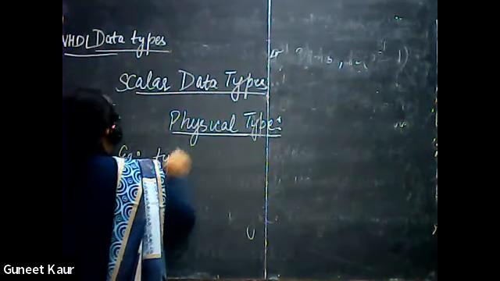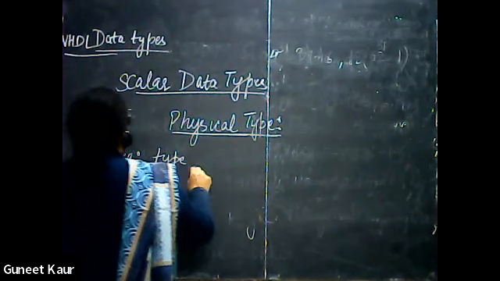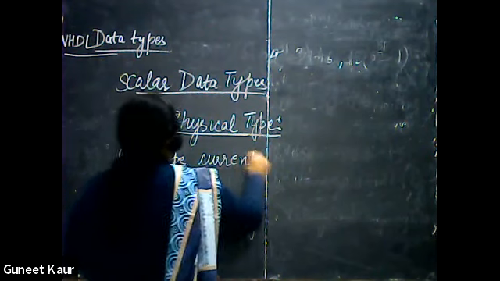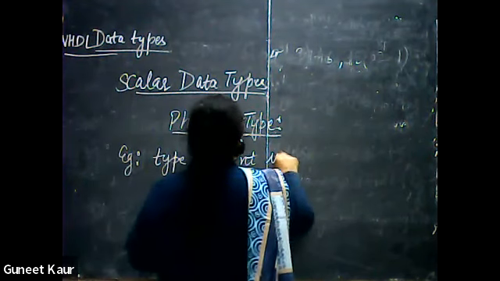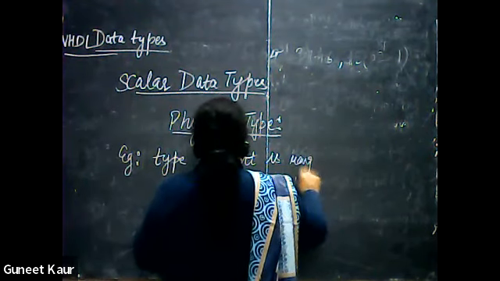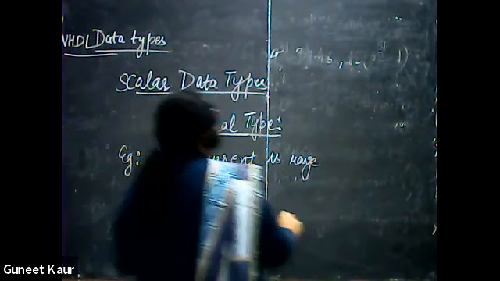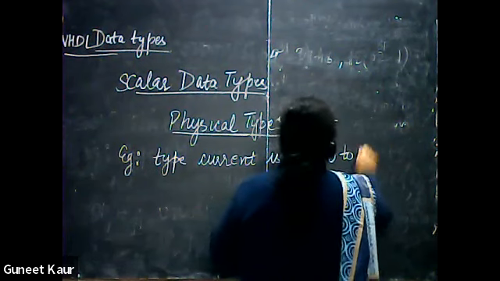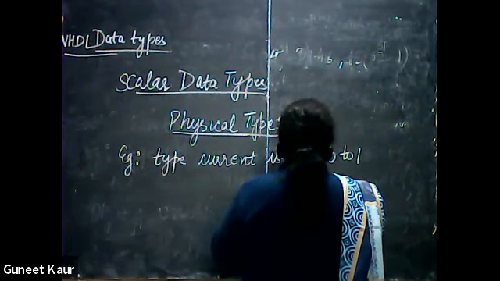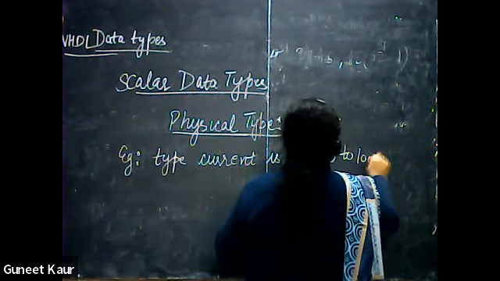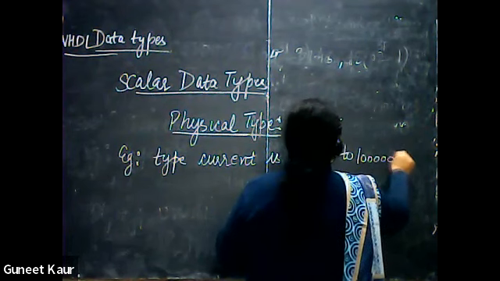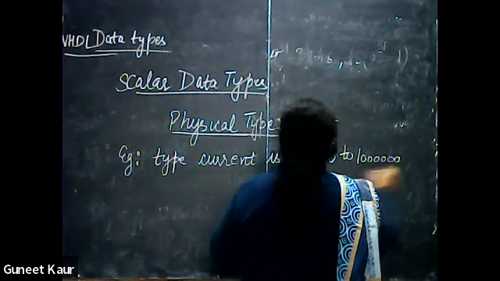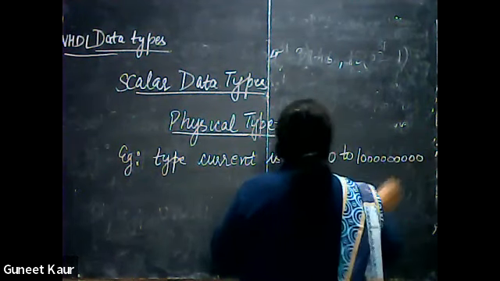Type current is range 0 to 1 followed by 9 zeros, that is 1000000000.